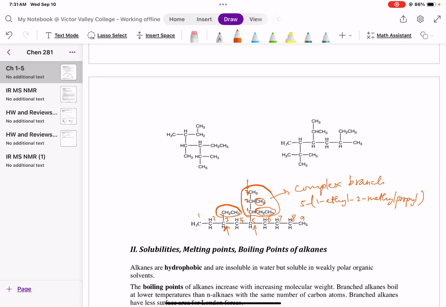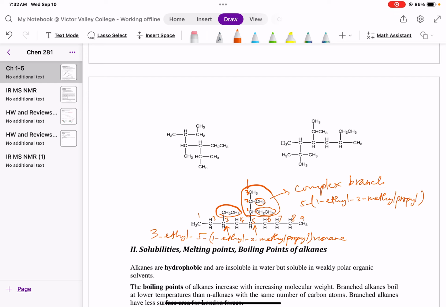Now alphabetical order. So we got a 3-ethyl, and then 5 dash, we've got to rewrite the whole thing. 1-ethyl-2-methylpropyl in parentheses, and 9 will be nonane.